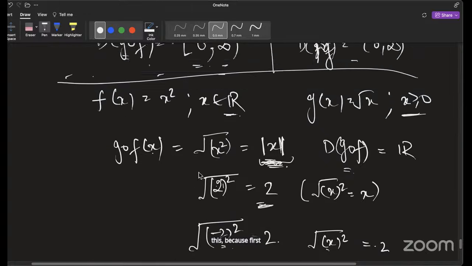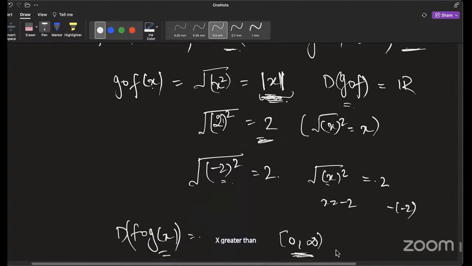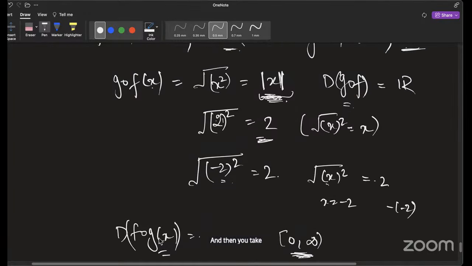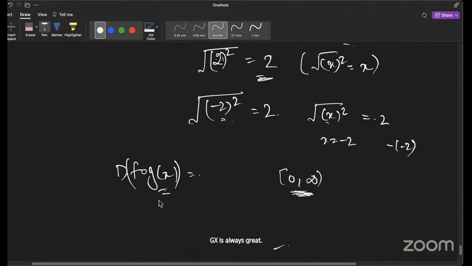First you take the domain of g. Domain of g is x greater than or equal to 0. So this is the domain of g. And then you take x from real numbers such that g of x is in the domain of f. For that you take the intersection of both. Does anyone want me to explain this?